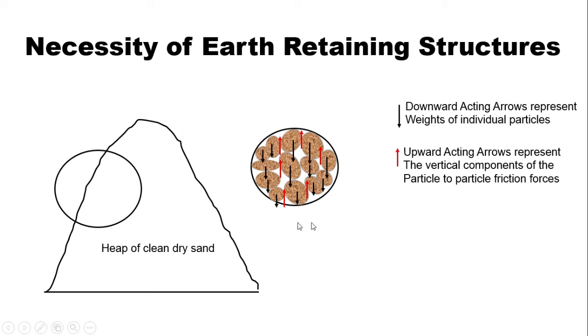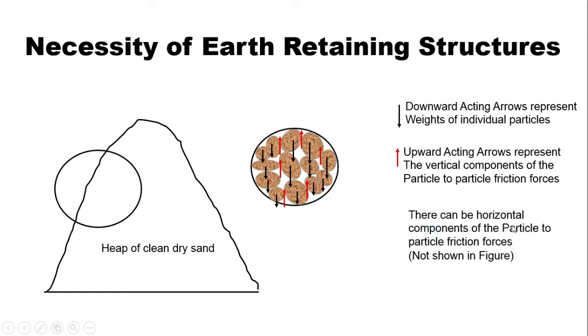But this frictional force may not always be upward, it can be inclined also, and in that case the vertical component of the frictional force will resist the downward acting components of weight, and the horizontal components of these inclined frictional forces will balance each other. Rightward and leftward forces will balance each other.